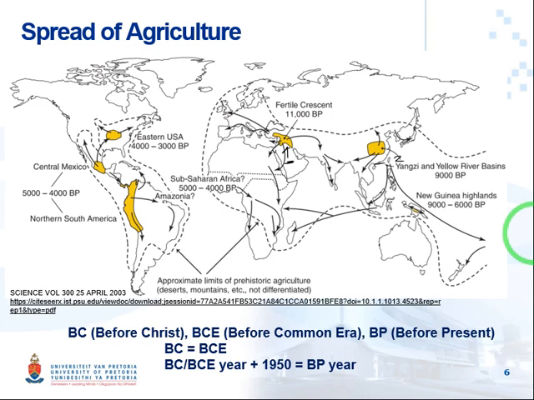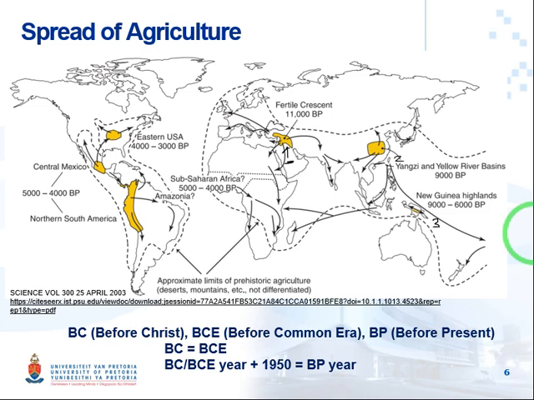It is also believed that rice originated from this area. Agriculture also developed independently on the island of what is known today as Papua New Guinea, around 9,000 to 6,000 BP. It's number 3.